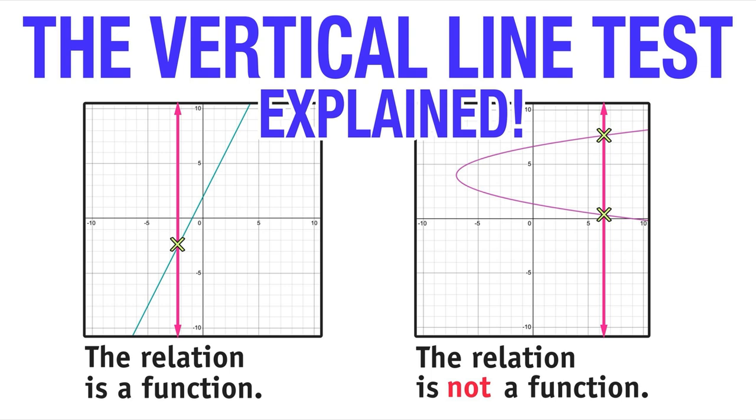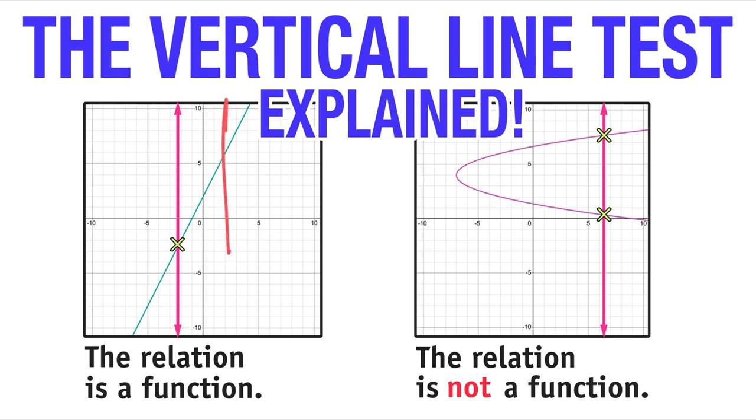If you end up with some type of graph, some type of picture on a coordinate plane, and we want to test it to see if it qualifies as a function, we're going to use the vertical line test. There on the left, if the vertical line only intersects the proposed function once, no matter where you draw it, it is considered a function.